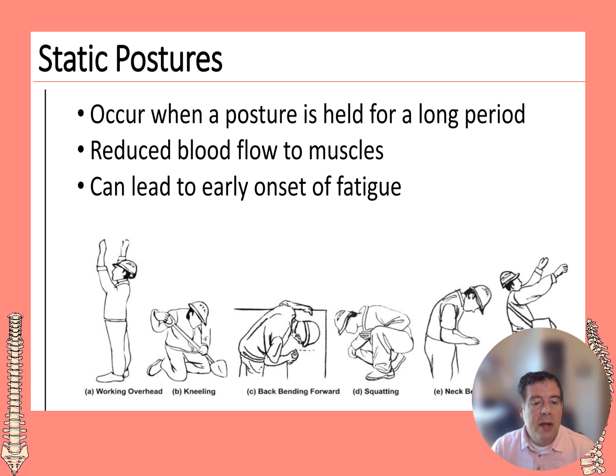Kneeling, we don't think about, but usually people are not crawling on their knees, they're just kneeling with constant pressure. Those postures are not good for us. They reduce the blood flow to the muscles and lead to fatigue, so onset is faster. Other ones are posture looking down or looking up, both again examples of static postures.